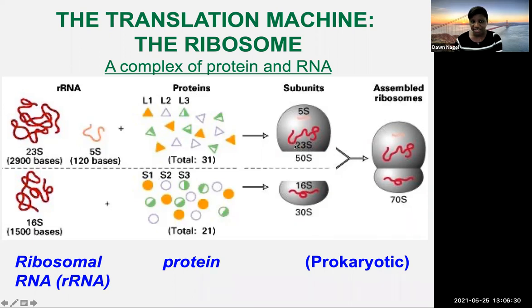They assemble in this context where you have the protein and the ribosomal RNA together in one of these subunits. So this is the large subunit and this is the small subunit. And within those subunits are ribosomal RNA and proteins, okay?